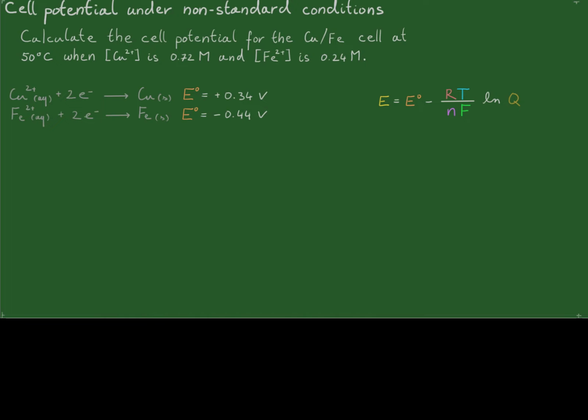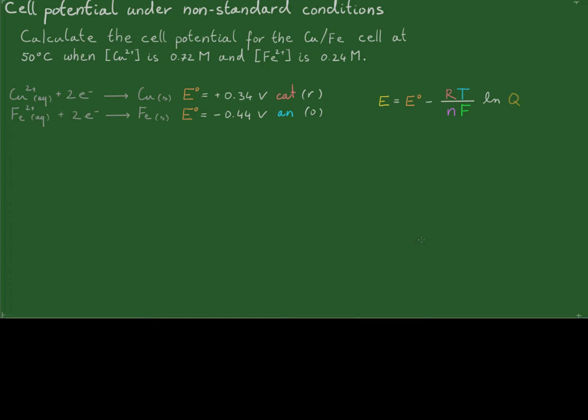So I can write that this half reaction will be the cathode, which means the other one is the anode. Another thing that I like to write is that reduction will occur at the cathode, and oxidation will occur at the anode. It's just something to keep in mind because it might become important later on.